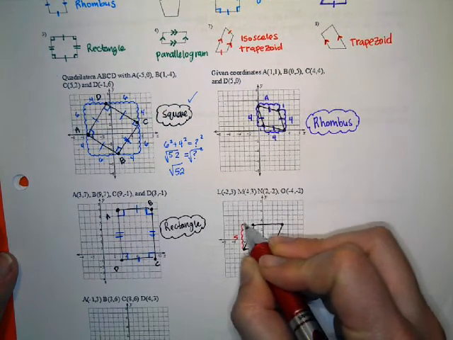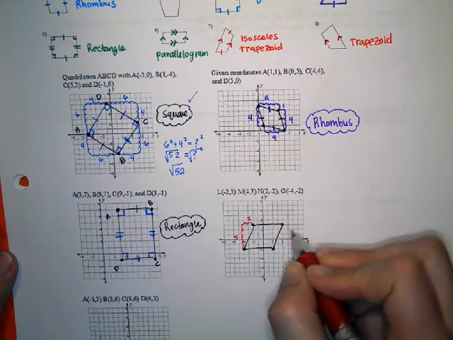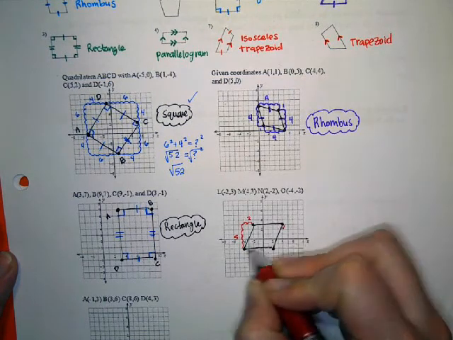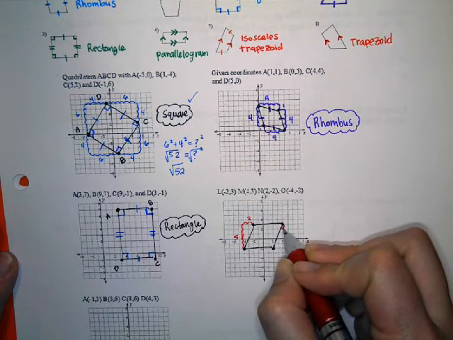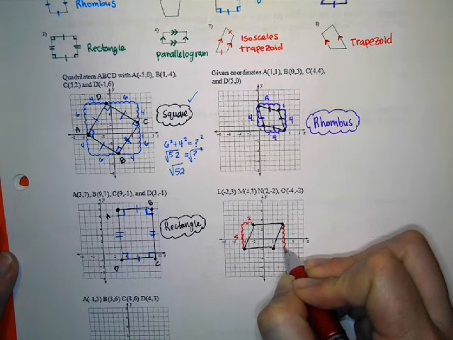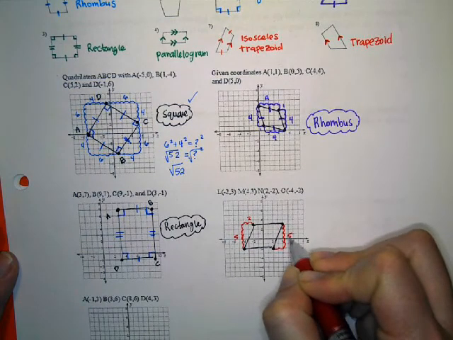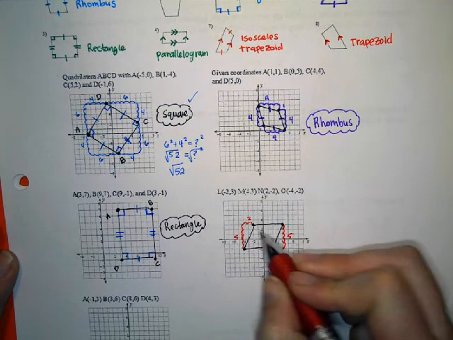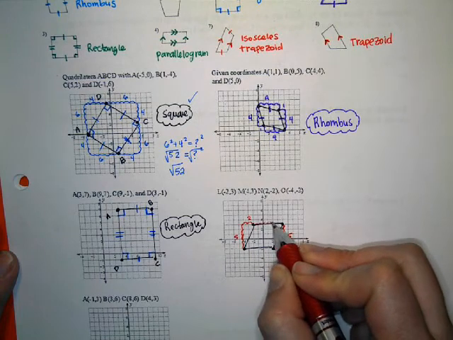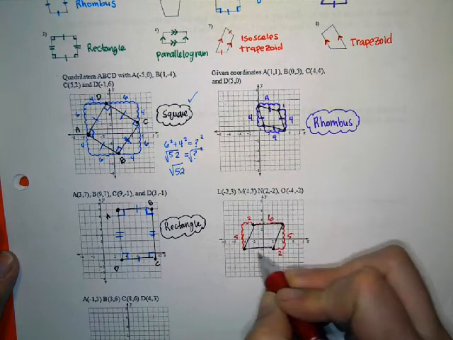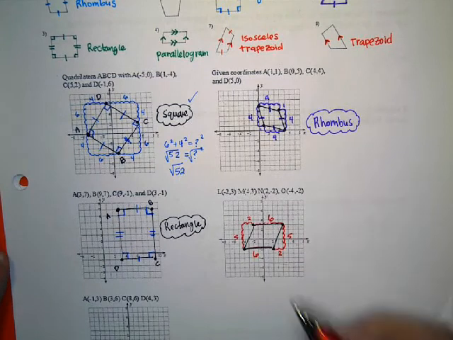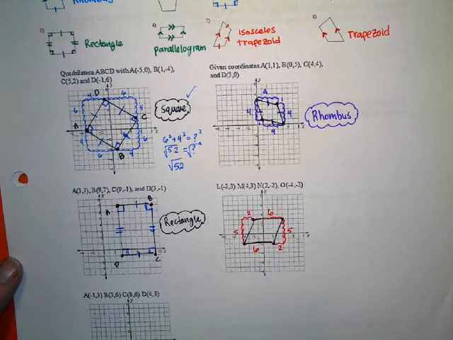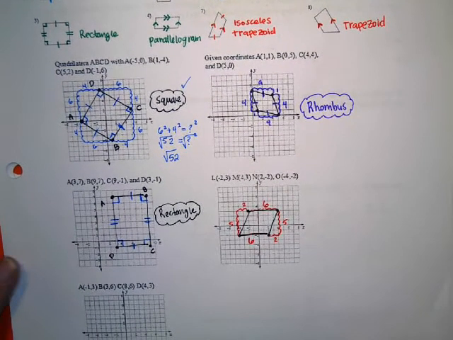I'm going to check the pattern for the distance. 5 by 2. Five by 2. This one is just 6 flat.